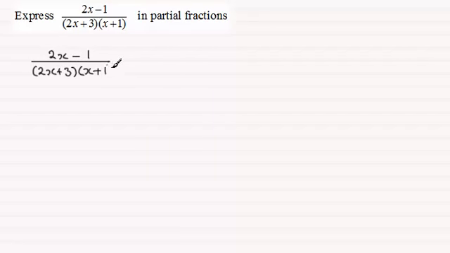What we've got in the denominator here are two linear factors, and I showed you that when you get linear factors like this, you get a constant, let's call it a, over the first linear factor, which is say 2x plus 3, and then we add to this another constant, we'll call it b, divided by the next linear factor, x plus 1.